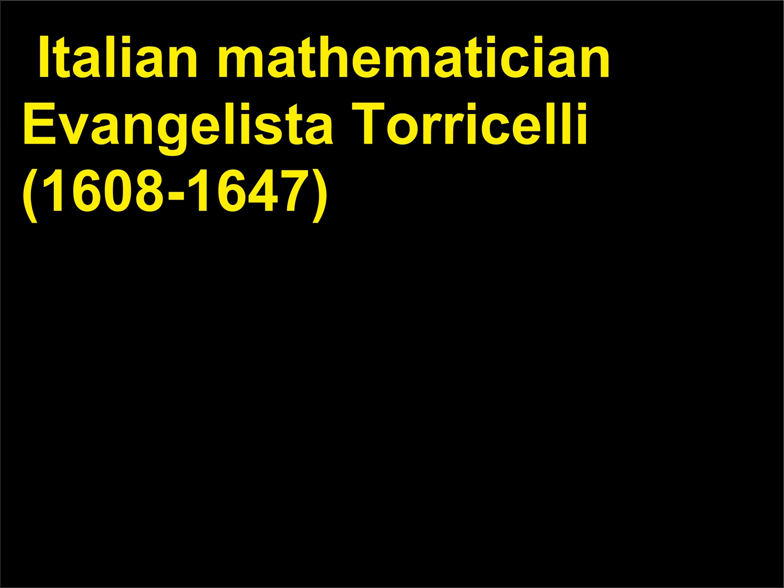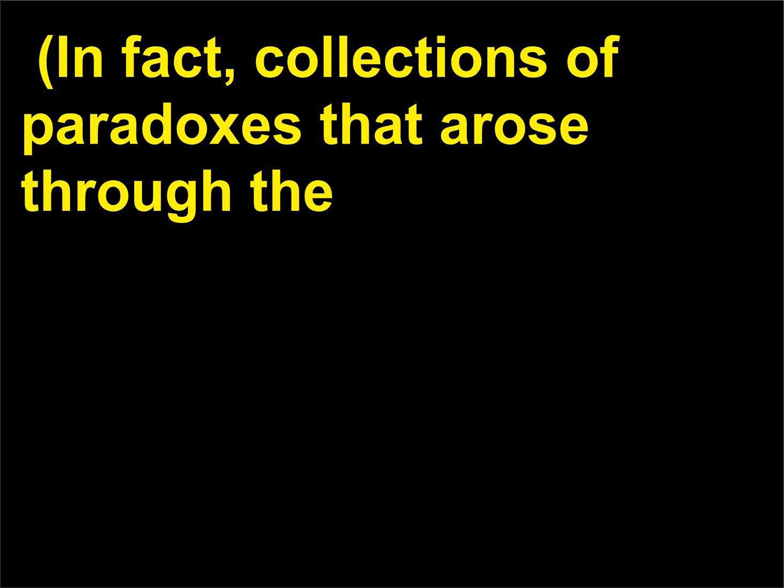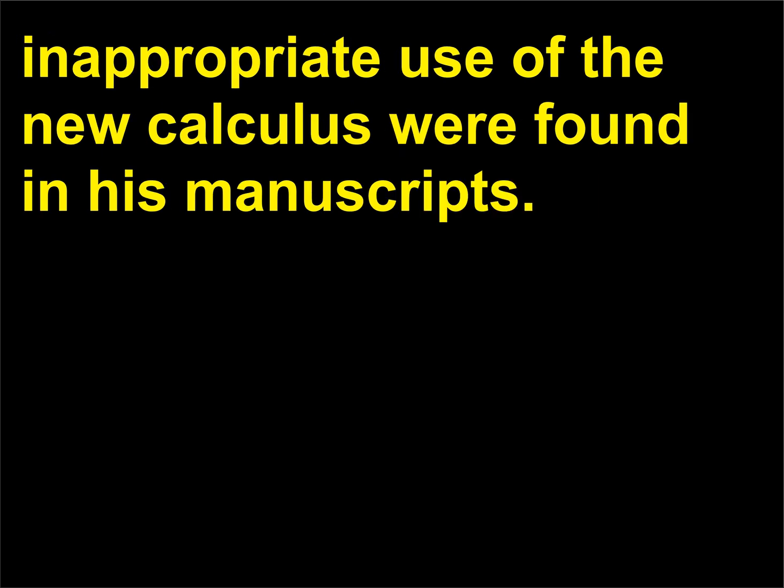Italian mathematician Evangelista Torricelli, 1608 to 1647, added to differential calculus and many other facets of mathematical analysis. In fact, collections of paradoxes that arose through the inappropriate use of the new calculus were found in his manuscripts.